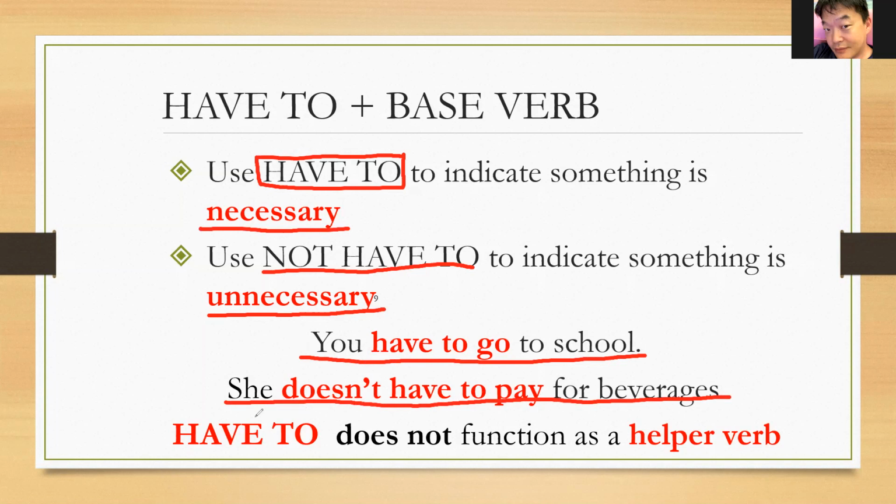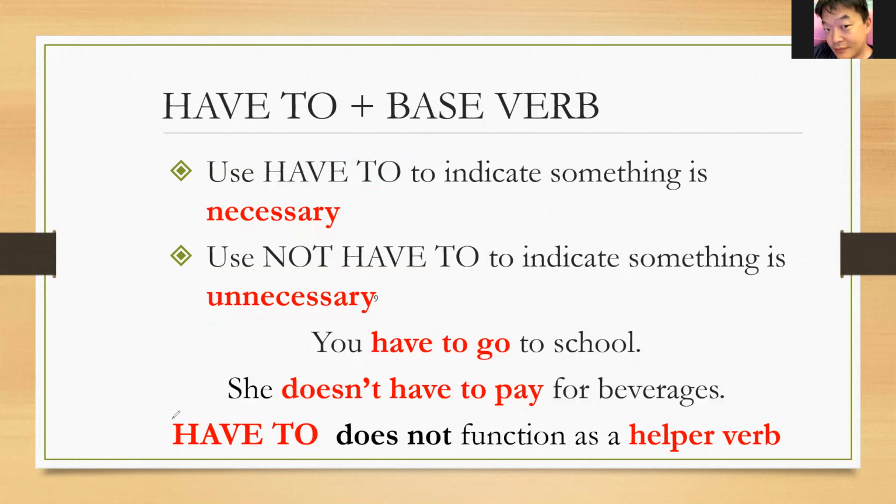Now, one important thing I want you to remember is that have to does not function as a helper verb. So when you have a question with have to, and when you have the negative form here, that's why you have this helper verb does.